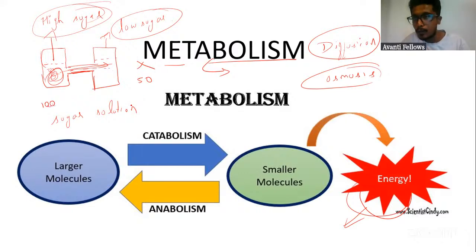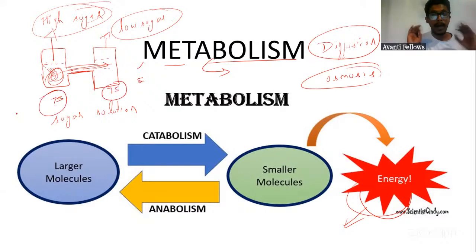So if I divide 150, what will I get? 75 and 75. So until my system reaches 75 molecules of sugar in one beaker and 75 molecules of sugar in the other beaker, my sugar molecules will migrate from high concentration to lower concentration. So this process is called what? It is called equilibrium.